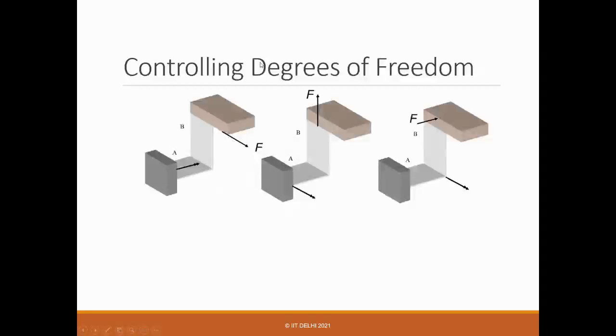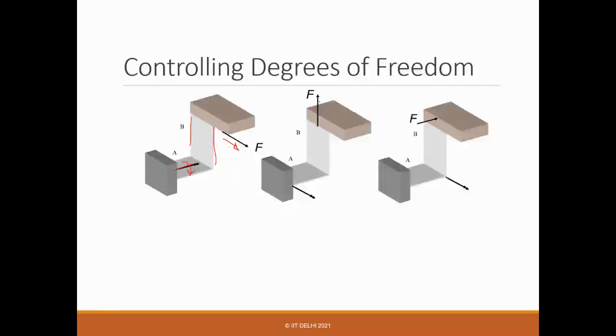This force will try to rotate this part, right? So it will get twisted, but this force will not deform this part because it's along the plane, so it's very stiff.